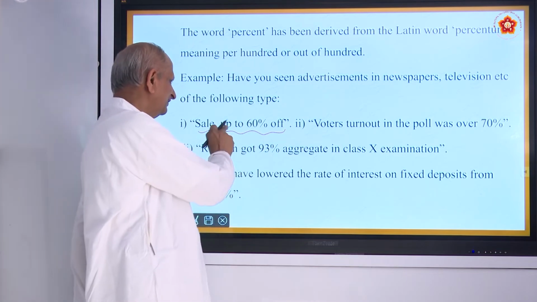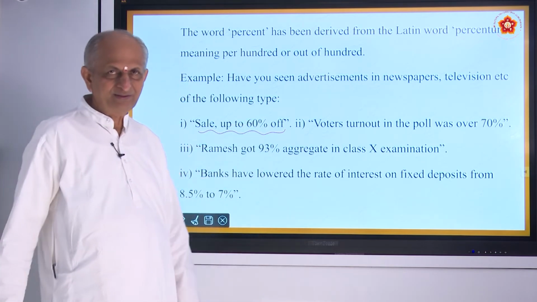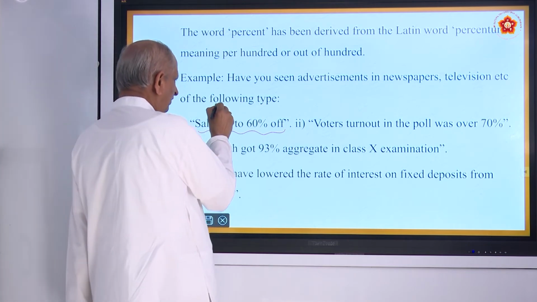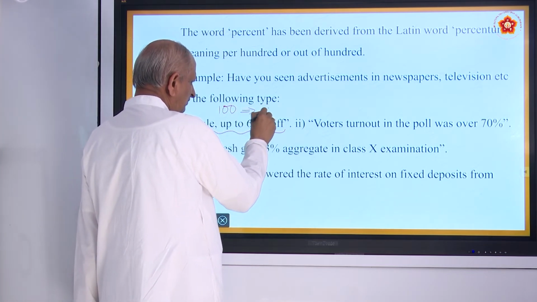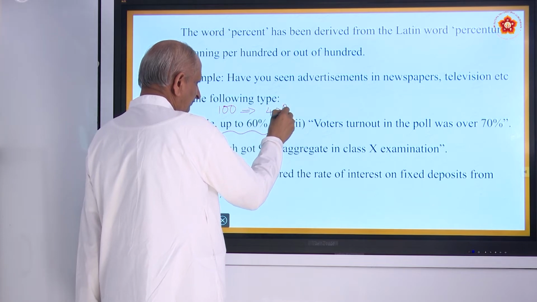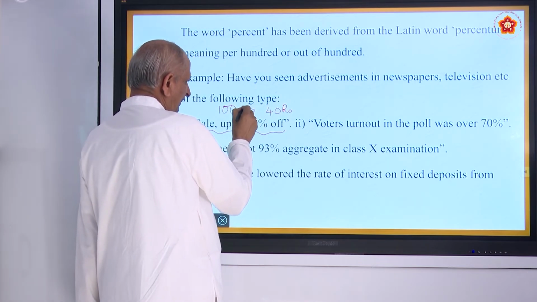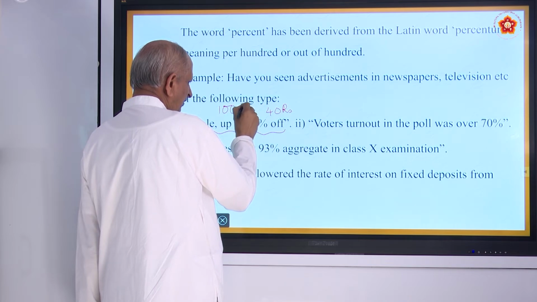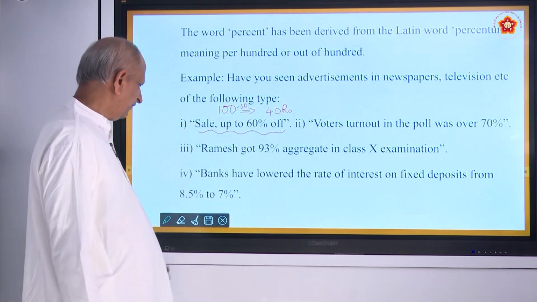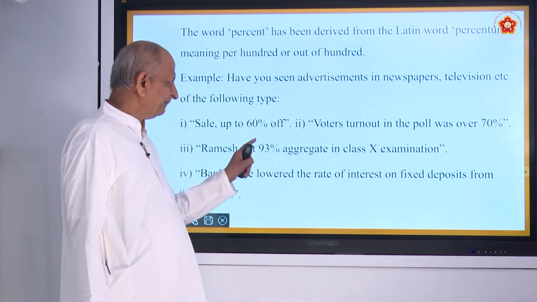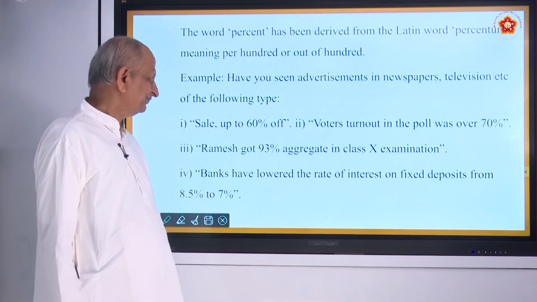When they say the product is available at 60% off, means what? Suppose the cost of the article is 100 rupees, it will be available for 40 rupees. So 100 minus 60 becomes 40. Is it not? So 60% off, sometimes 20% off, 10% off, like that they use.